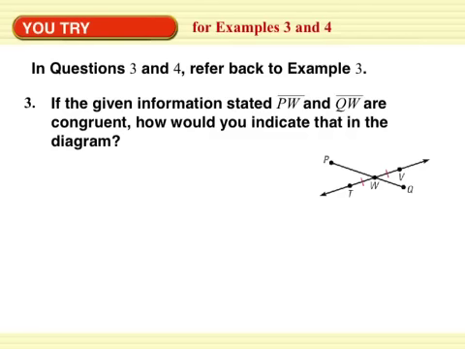If you remember, we learned if something is congruent, we put a tick mark. Well, segments TW and WV already have a tick mark. So why don't we go ahead and put 2 tick marks here? And that shows me that this segment and this segment are congruent to each other, and this segment and this segment are congruent to each other.